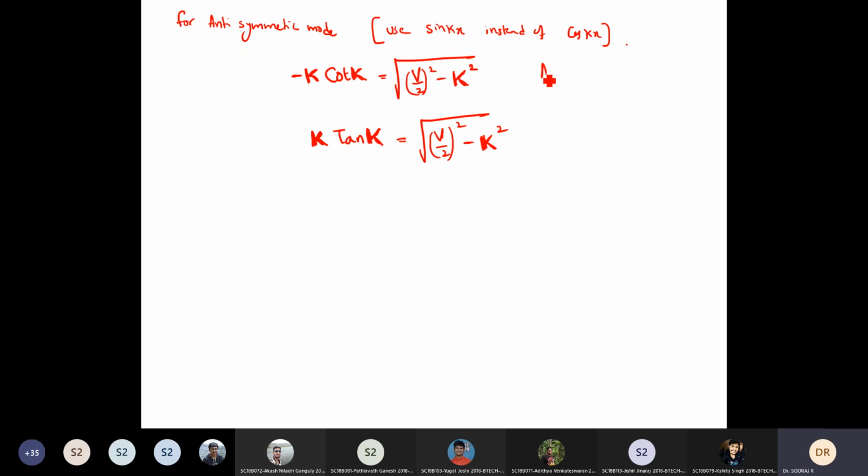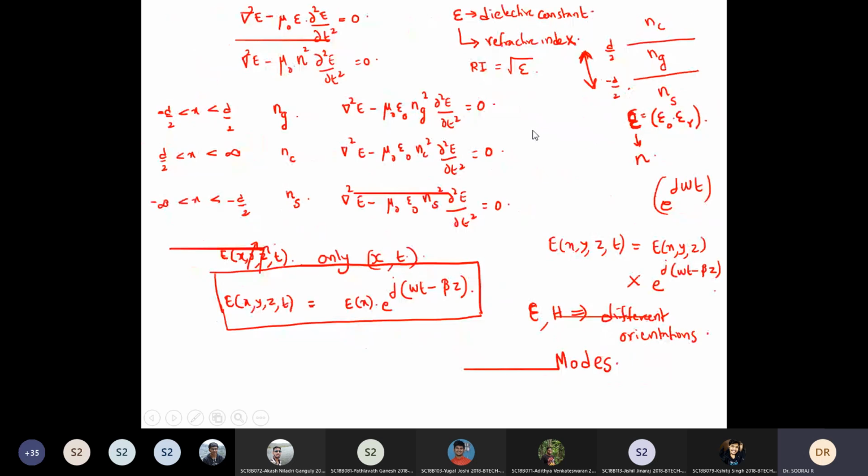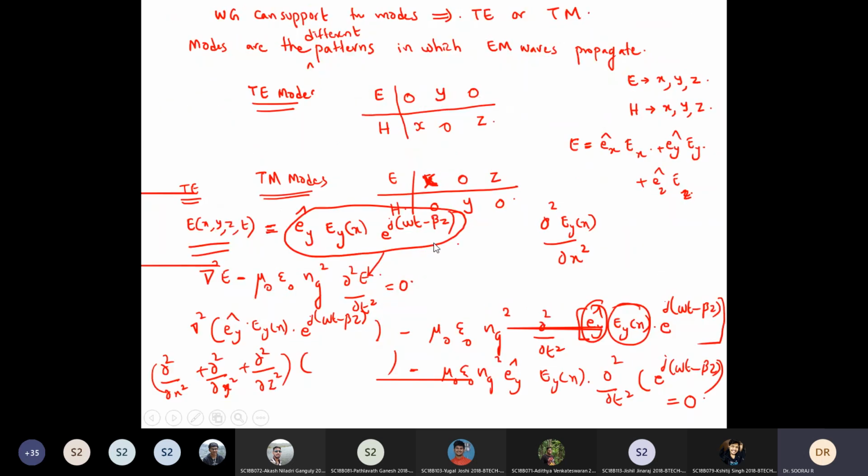This is for the antisymmetric mode, and this is for the symmetric mode. So we will do a graphical analysis.